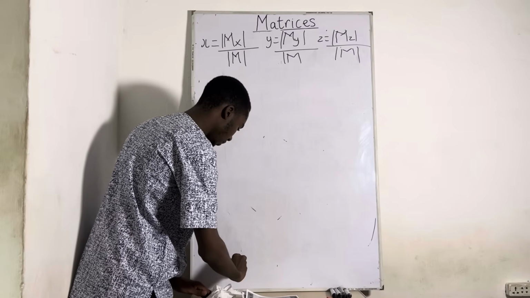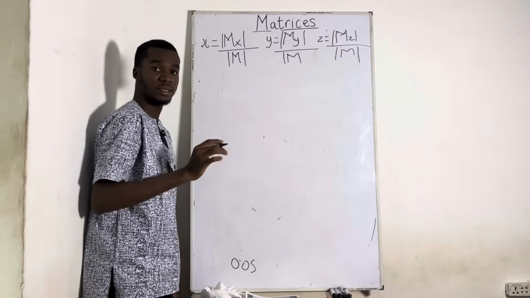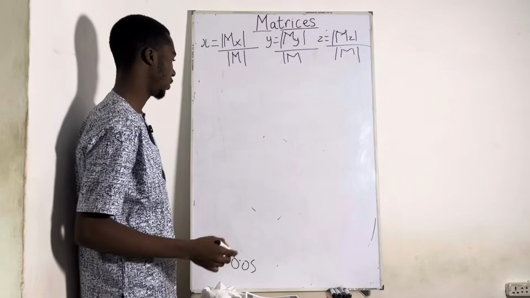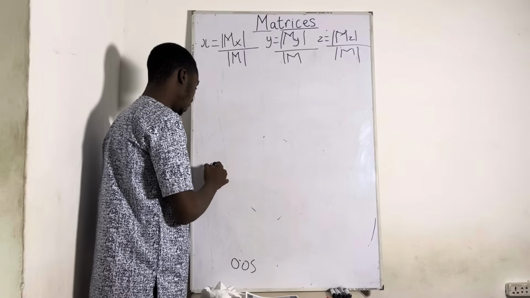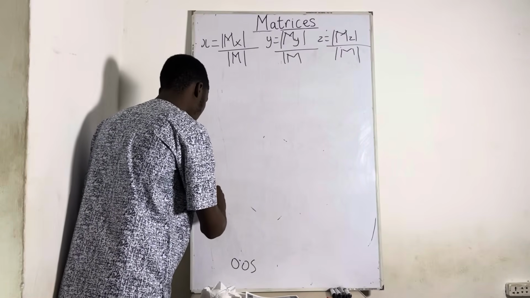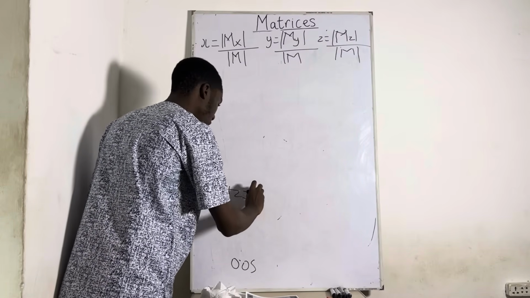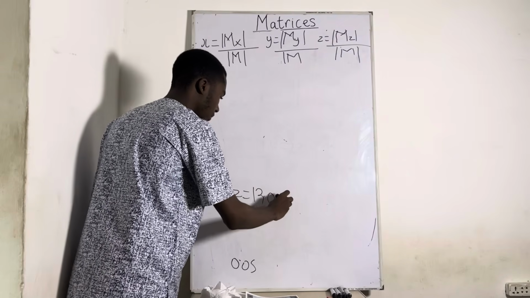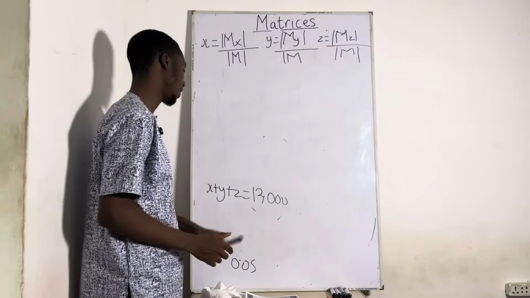Okay, so for the first equation, which is the A, I'm sure if you guys were solving it, you still have it in your book, so it will be easier for you. So the A, which was our first equation, we got X plus Y plus Z is equal to 12,000, right? Because we said the total investment is 12,000. So this was our first equation.